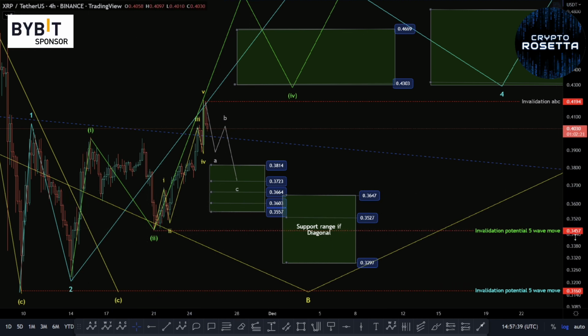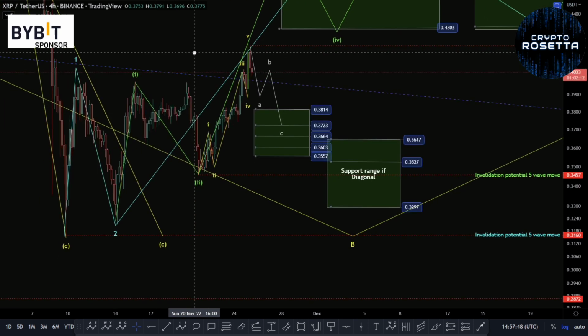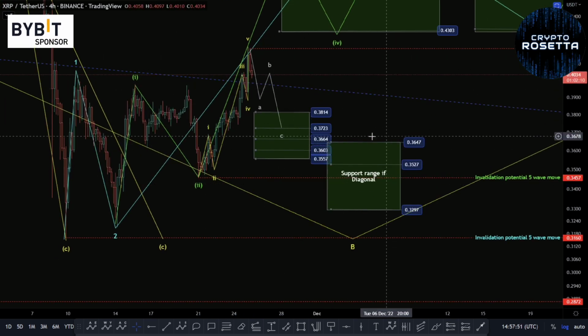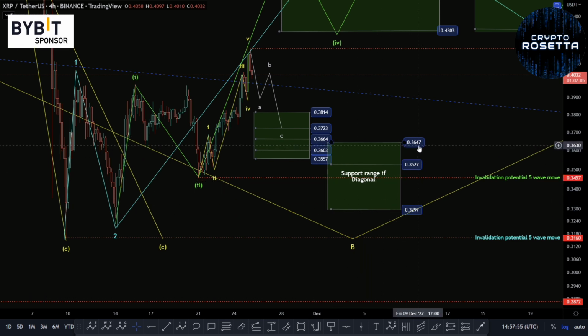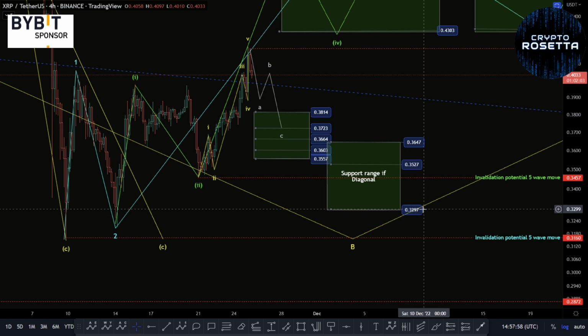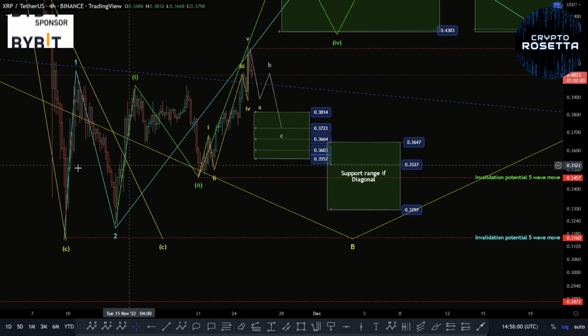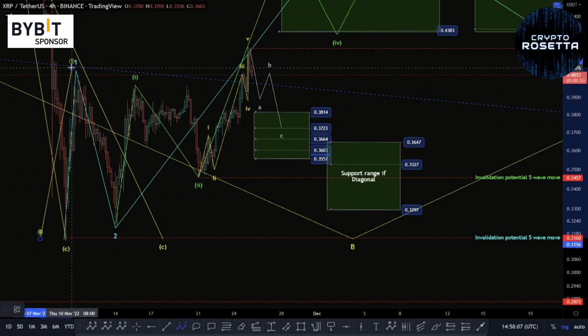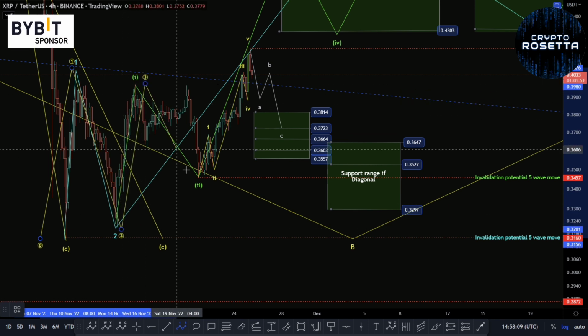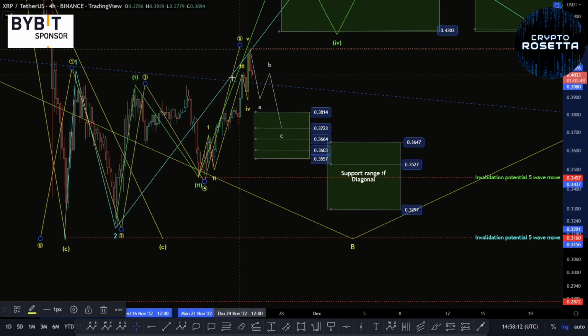So if we cross this 0.3457 area, that would invalidate this green move as being shown here. There is a way, however, that even if we move down below this and we still find support within this support range box here between 0.3367 to 0.3297, then we could be looking at this move here as a leading diagonal made up of 5 wave moves.